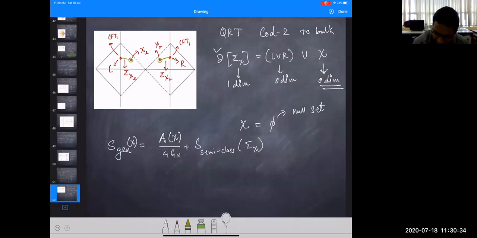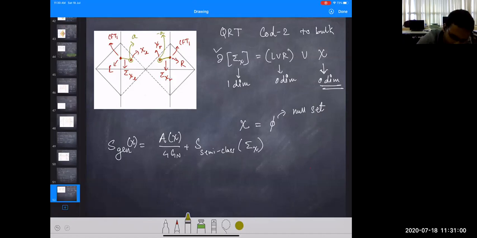So now in the 2D dilaton gravity, how will I write this? Let's say in the y coordinates, the extremal surface is given by, let's say this point is something like a in the y coordinates, and this point is something like minus a.